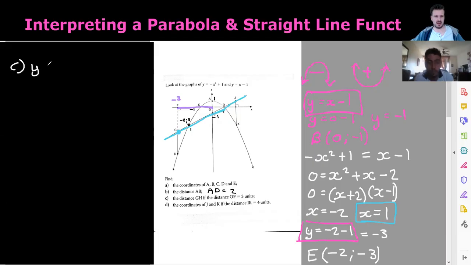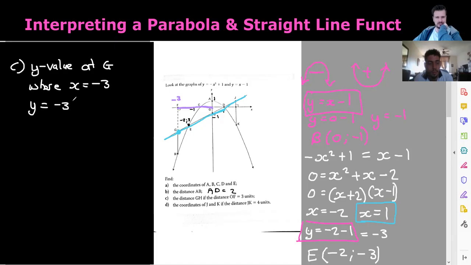So let's say that the y value at G is where x is equal to -3, right? So I can just sub in. So y equals -3 minus 1. I'm subbing into the straight line graph, which I've actually done in blue. Y equals x minus 1. So where I see an x, I just put a -3.